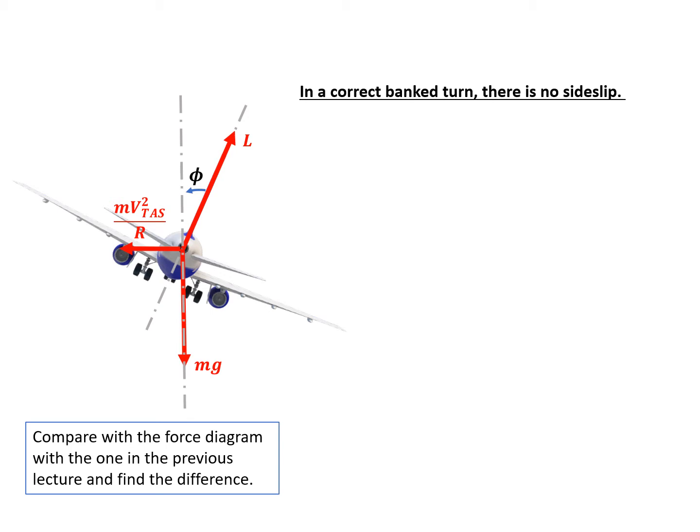In that case, in a steady sideslip, the horizontal force is produced by the sideslip angle. In order to analyze the forces, we have the vertical force, the vertical component of the lift, which should be in balance with gravity, and also the horizontal force, the horizontal component of the lift, which is in equilibrium with the centrifugal force.